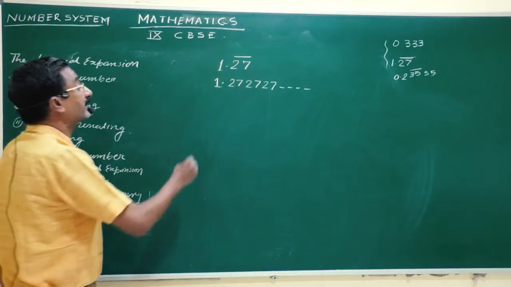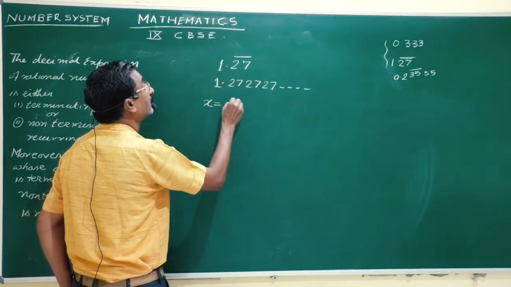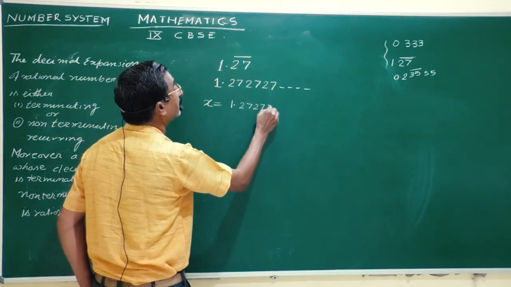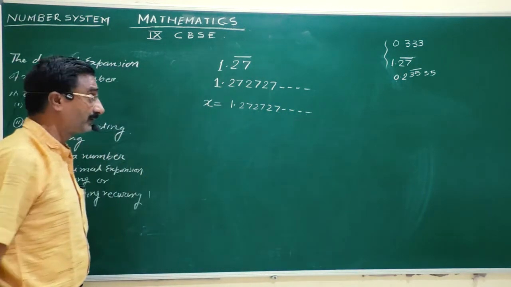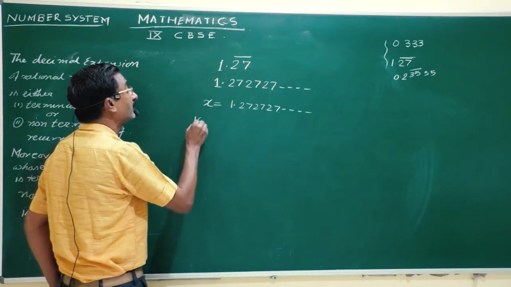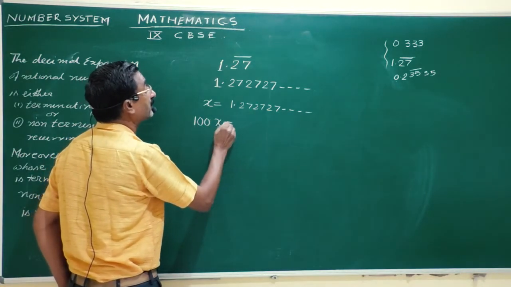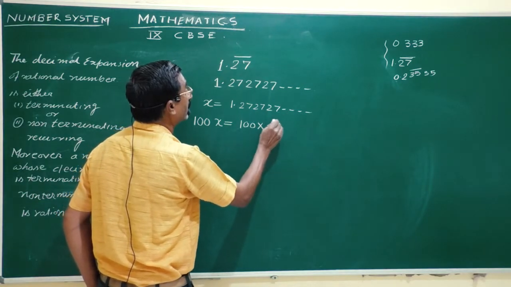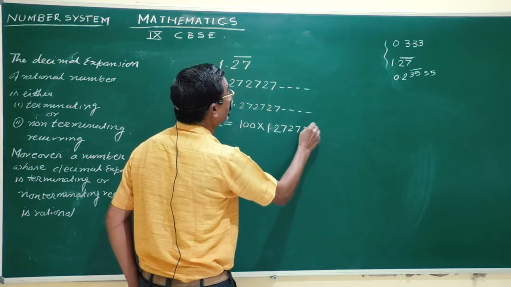Now here again I will say that x is equal to 1.272727 and so on. This is repetitive in nature. Here I will multiply by 100, so 100x is equal to 100 multiplied by 1.272727.